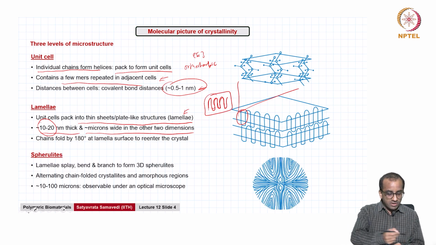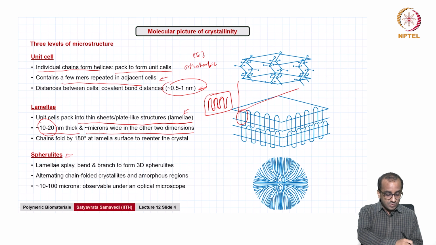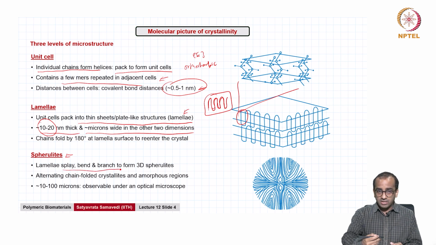Now, if you zoom out even more, you will start to see another very important aspect of microstructure called the spherulite, which is simply a spherically shaped structure of crystallites. So, these lamellae that are folding, the chain folds, they splay, bend, branch etc., to form these 3D spherulites.